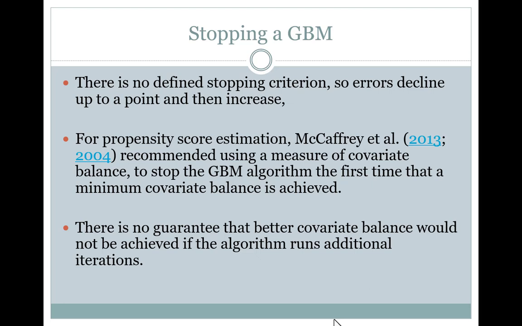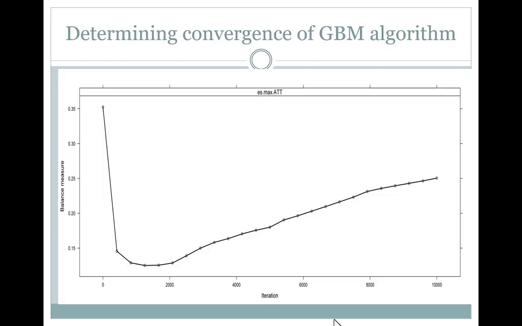Now, it's important that if the stopping criterion is met close to the maximum number of iterations, you run it with a larger number of iterations, just to make sure that it was not a local solution. So here, for example, you can see that the maximum number of iterations was 10,000. The iterations are on the x-axis, and the covariate balance measure is on the y-axis.